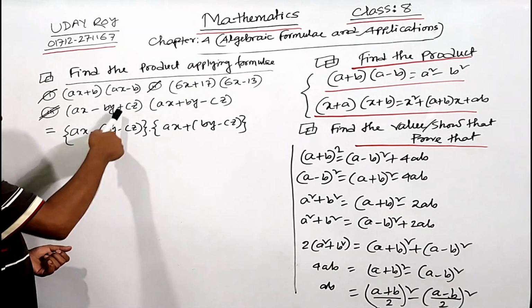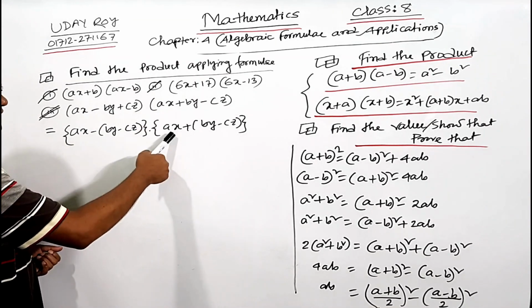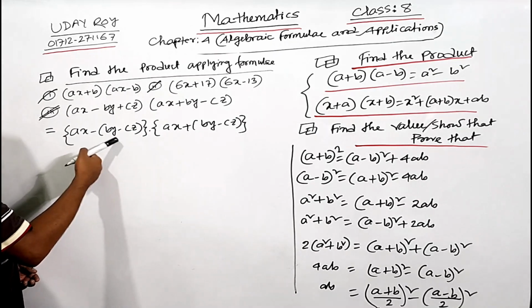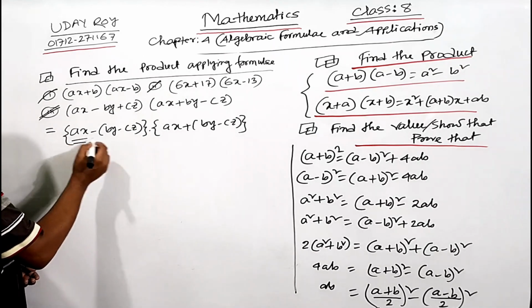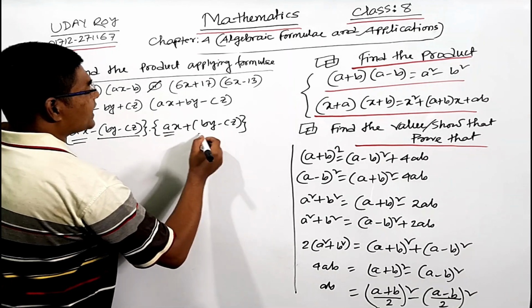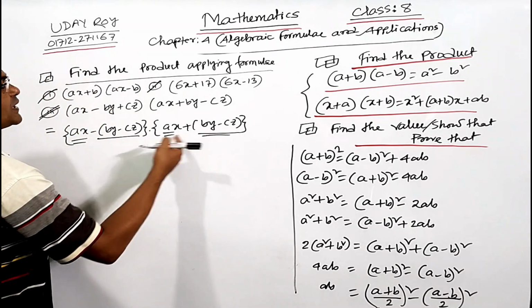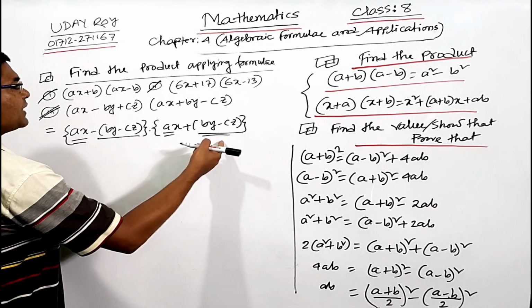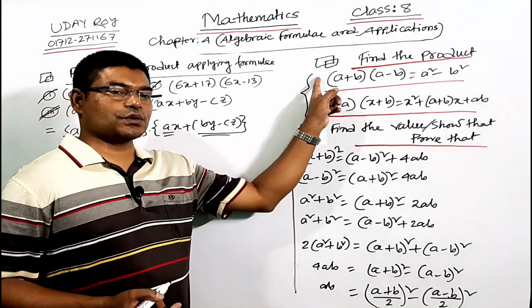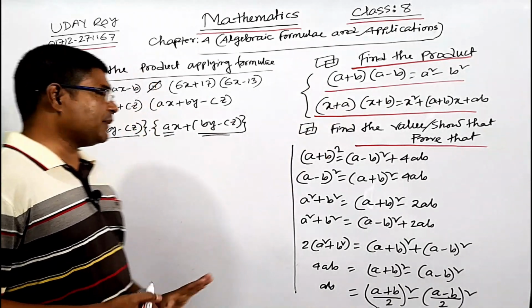For this, minus into plus minus. Here is ax, here is plus by minus cz. So a minus b, this is a position and this is b position, a minus b into a plus b, a position plus b position. So we have to go back to these rules, a plus b into a minus b.